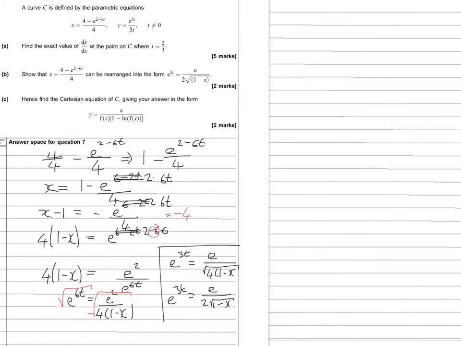Hence, find the Cartesian equation of C, giving your answer in the form y equals f of x over 1 minus ln f of x.